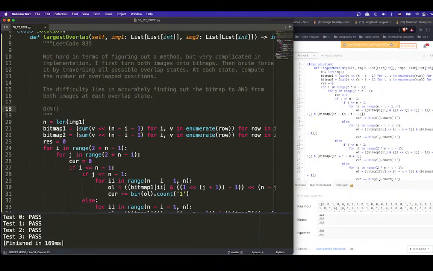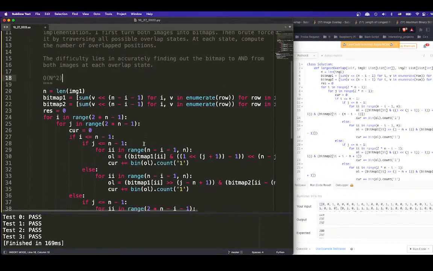I call it O(n) squared, although we can argue that actually it's not O(n) squared. This is actually O(n), so actually I'm gonna say O(n) tripled.